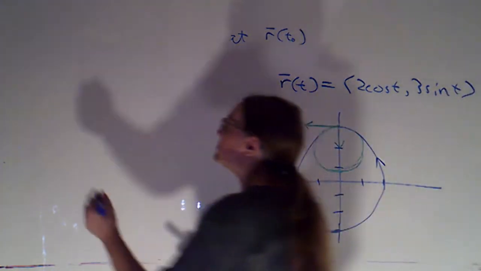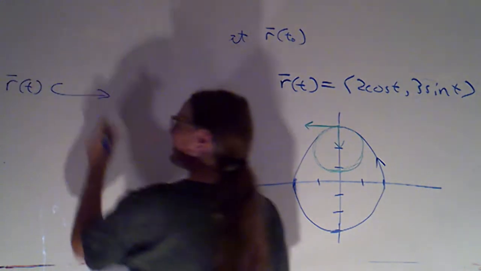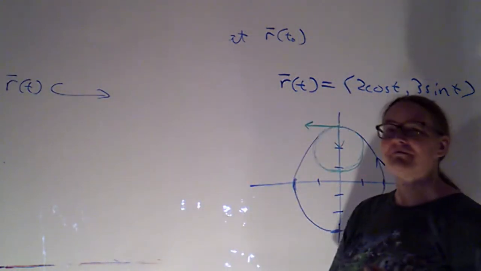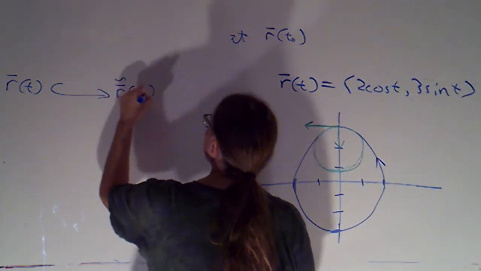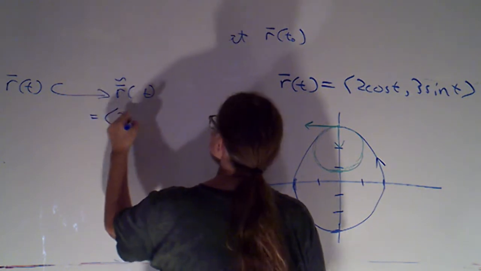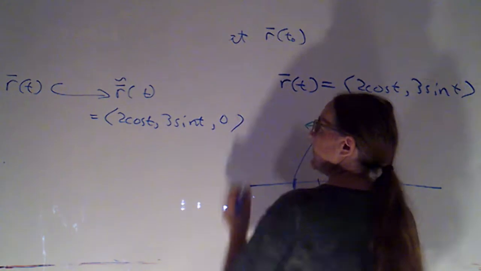Okay, so I'm going to embed things in 3-space so that I can use the cross product formula for finding my curvature. So we're going to go to r tilde of t, which would just be (2 cosine t, 3 sine t, 0).